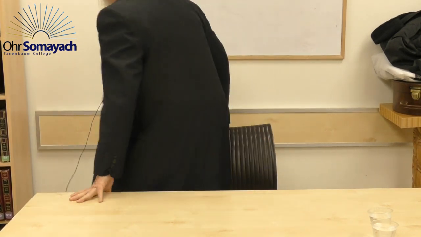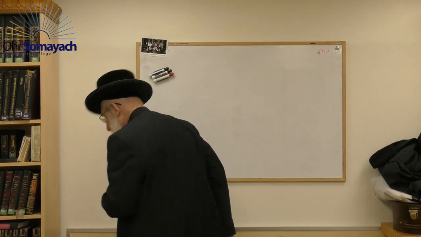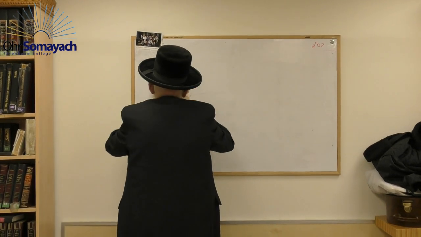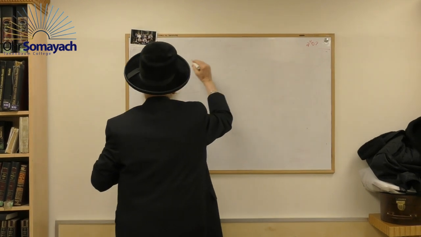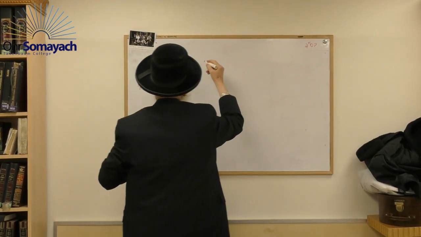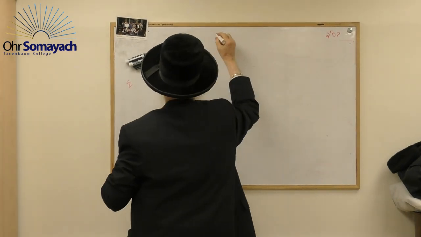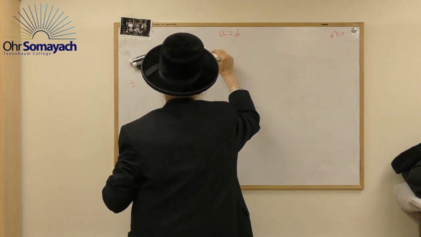Let me give you a couple of quick examples. Now, this I've got to do on the board. There's a famous so-called proof that 1 equals 2. Yeah, that 1 equals 2. So you start with the assumption that A equals B. A and B are just names for the same number.